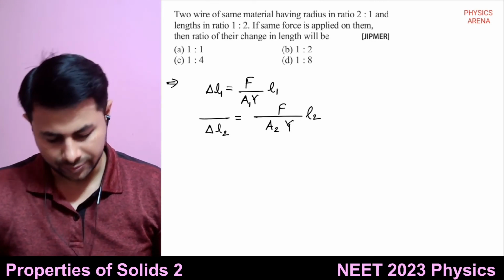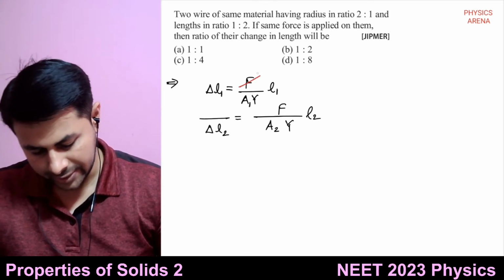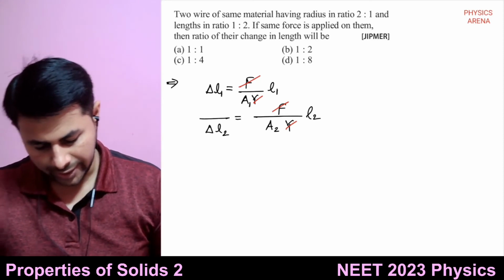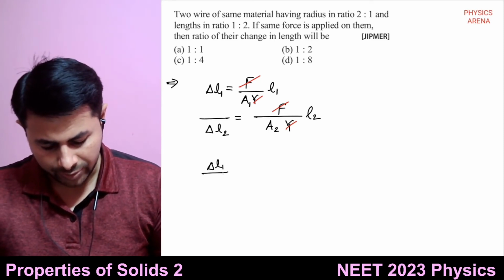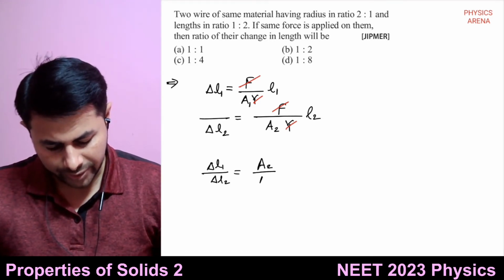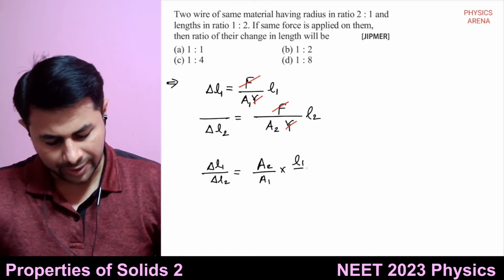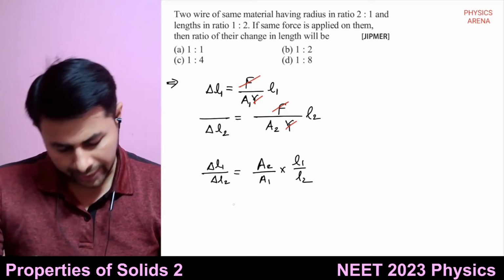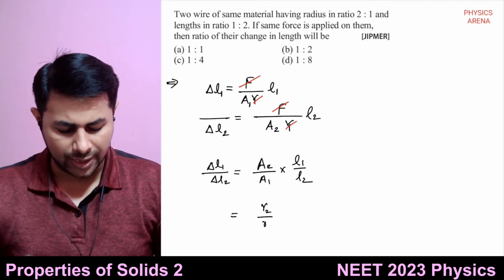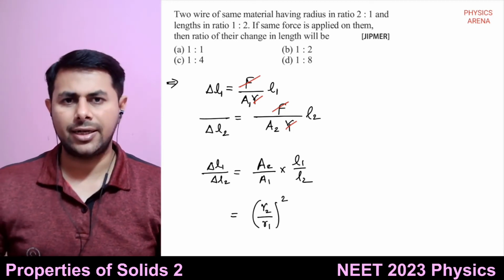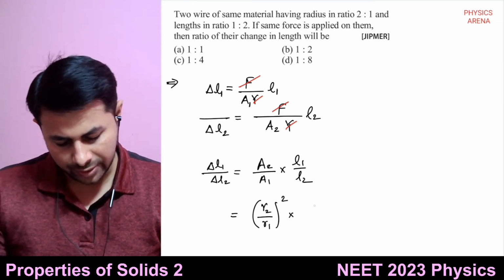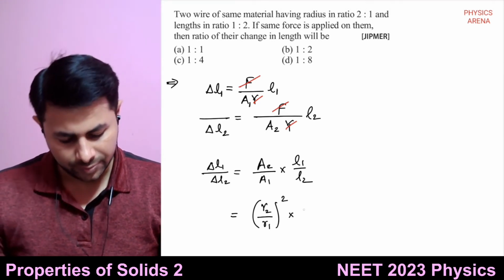We are dividing these two, so F and F get cancelled, Y and Y get cancelled, it is the same material. We get delta L1 upon delta L2 equal to A2 upon A1 multiplied by L1 upon L2. What is A2 upon A1? It is R2 upon R1 square, because area is directly proportional to radius square.